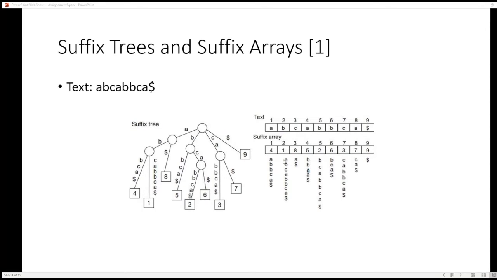We can see the first two characters are the same. However, the third character is the one that comes after the third character here. So this array is sorted in lexicographical order, and we will see later how it can be used to solve the longest common substring problem.